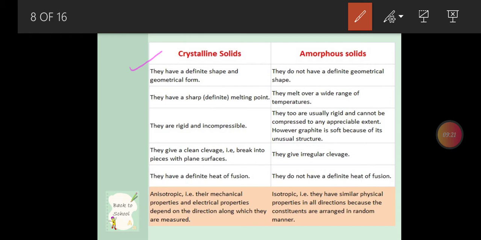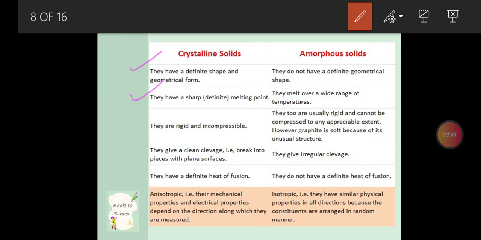As they have a well-defined shape and structural arrangement, they have sharp, definite melting points. Sharp means exact values. Whenever you repeat the experiment, or multiple students do it, they will always get a sharp melting point. Amorphous solids, on the other hand, melt over a wide range.